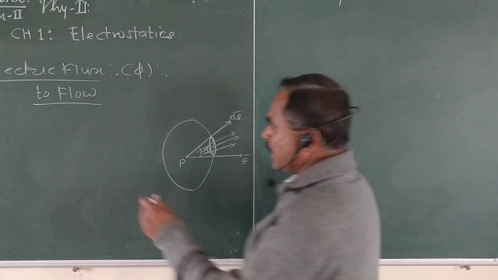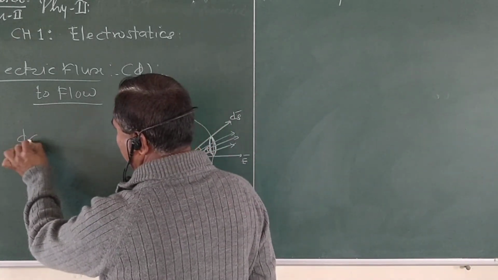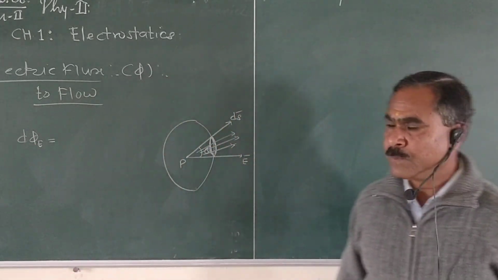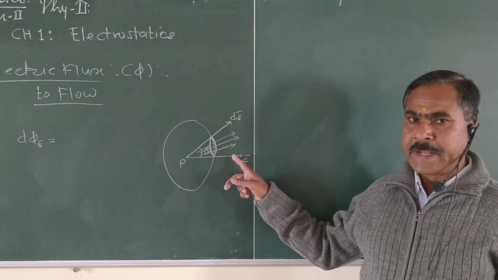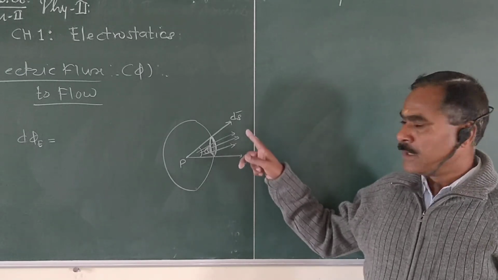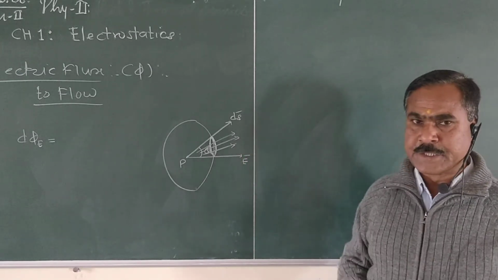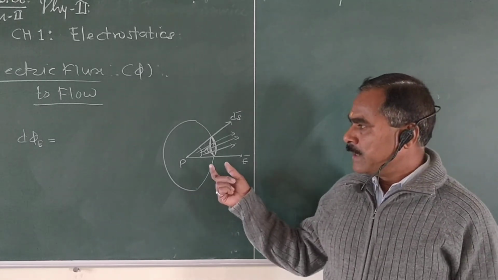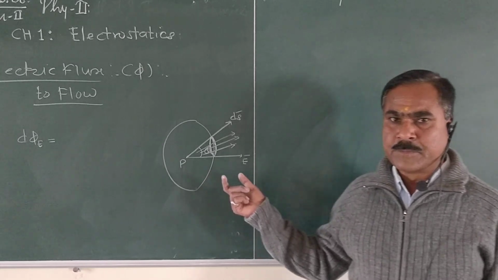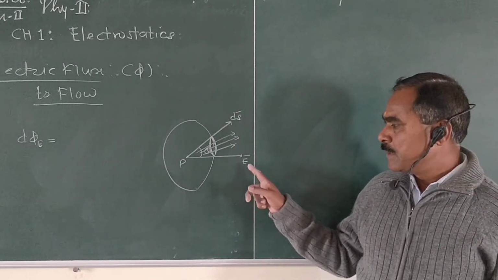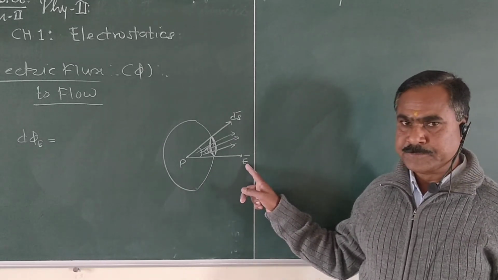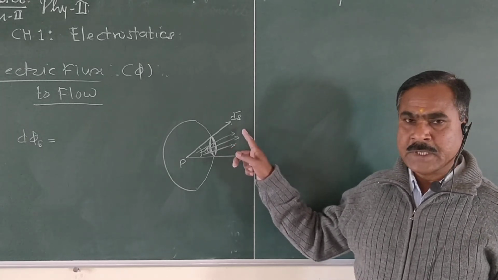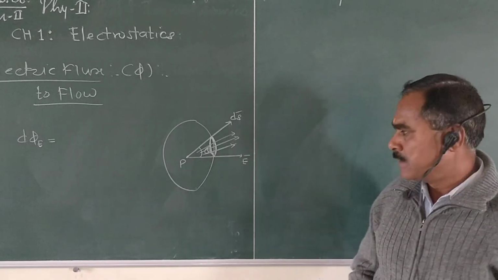Now we denote the small amount of electric flux passing through a small area of surface, that is ds bar. Here we write that electric flux is the product of the magnitude of electric intensity and the area of the surface, that is ds bar.